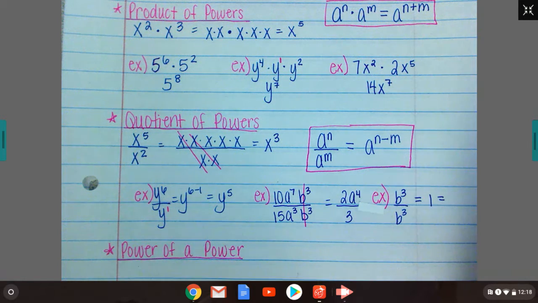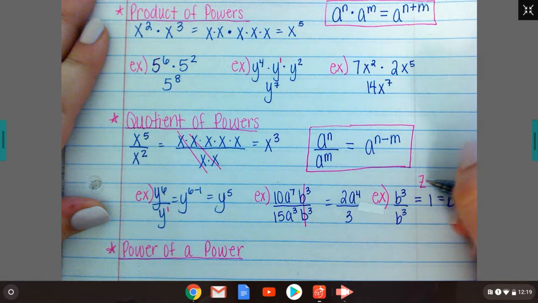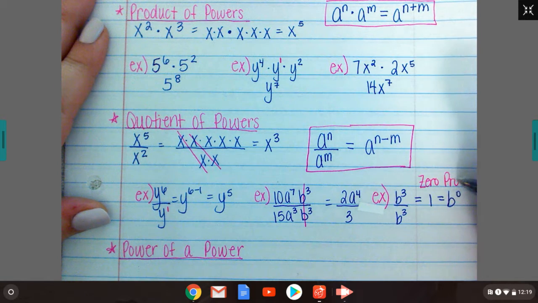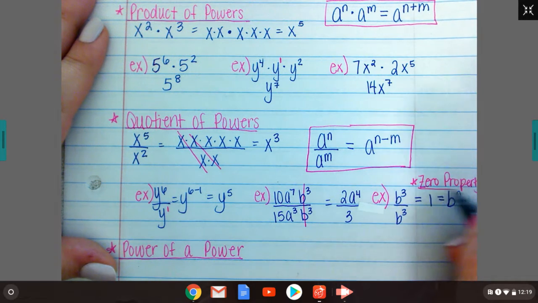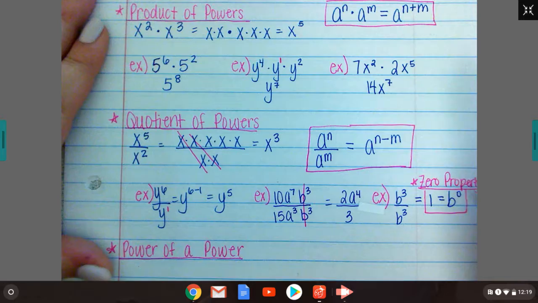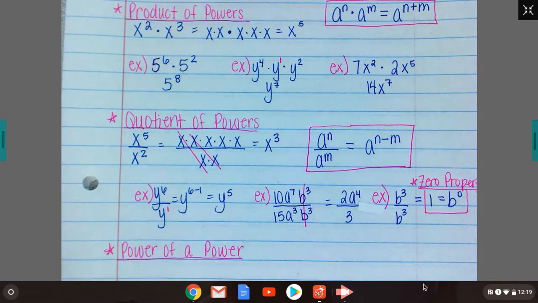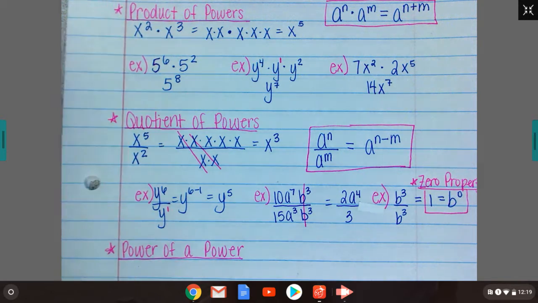So like b to the 0. So here's the deal. Anything to the 0 equals 1. This is actually another property called the 0 property. So that's a whole separate property that was kind of hiding inside of a problem.